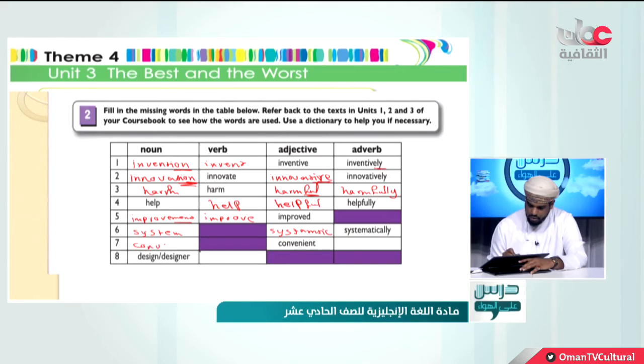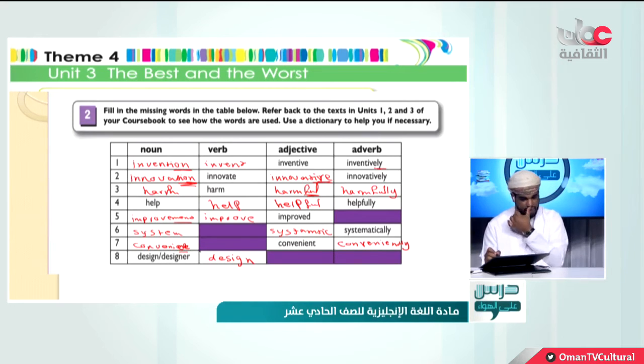Also, we have convenient here. Okay, convenience, sorry, with CE, convenient, and we don't have a verb for this one. And here we'll have convenience, conveniently, ly. Design or designer can both be nouns, also a verb. It will be design. So there is no adjective for design or no adverb for design.